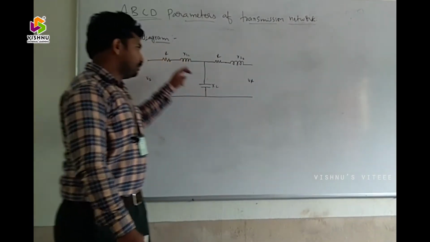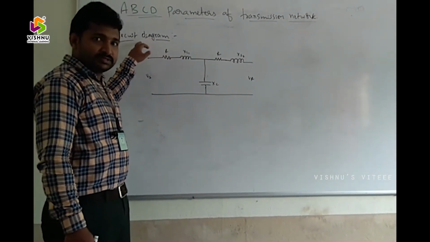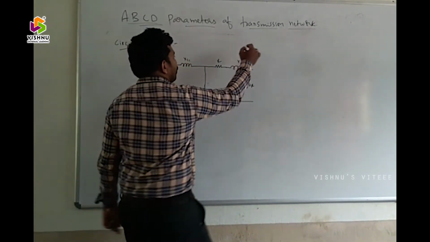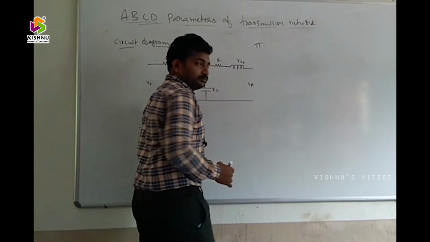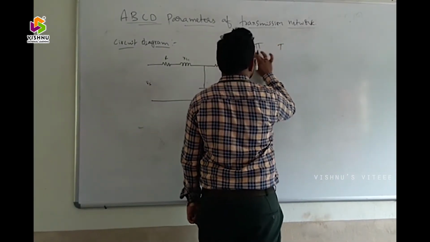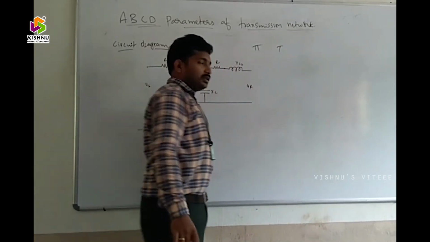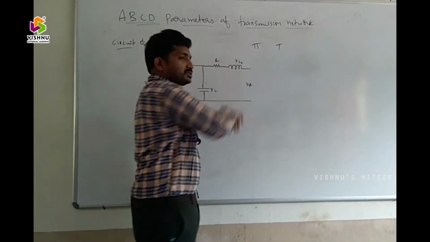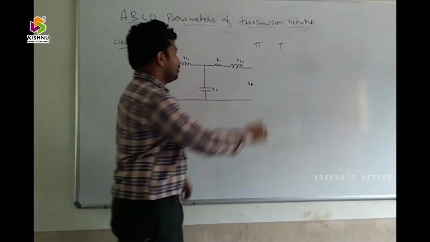Usually the power system transmission line can be represented in two versions: the nominal pi model and the nominal T model. The most appropriate one is the T model, so we are representing our power system transmission line in the T model.